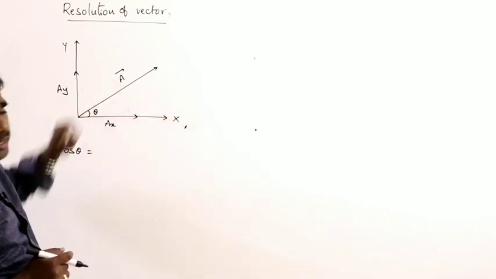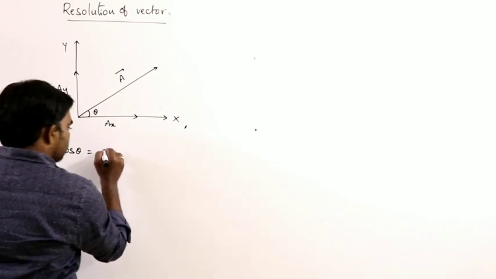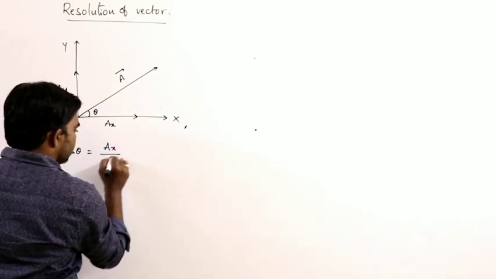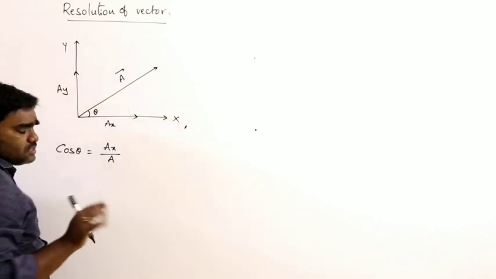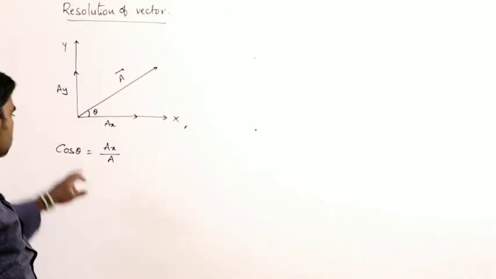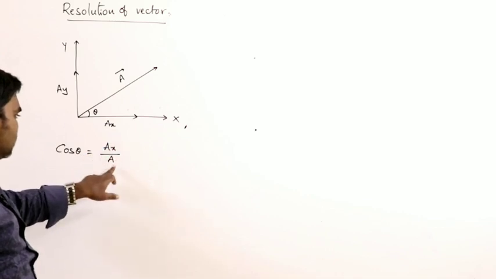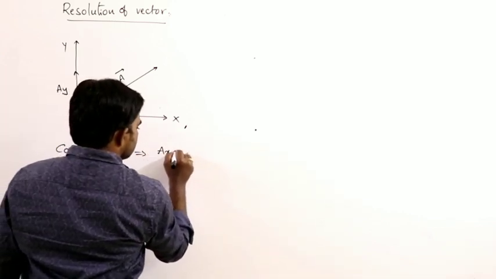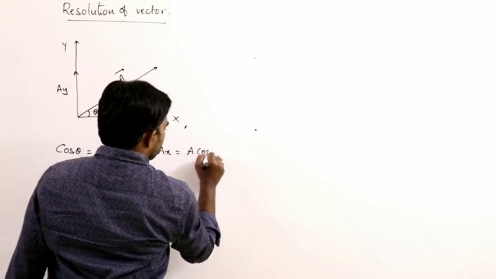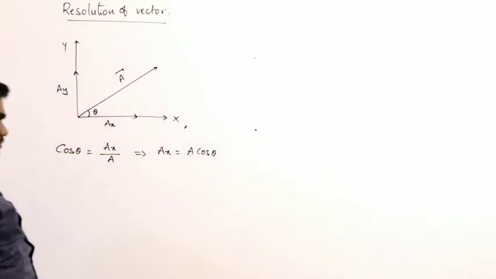Adjacent side by hypotenuse, so according to the magnitude, this is ax by a. Here a bar is the vector and a is the magnitude. So cos theta is ax by a, so ax is equal to a cos theta.